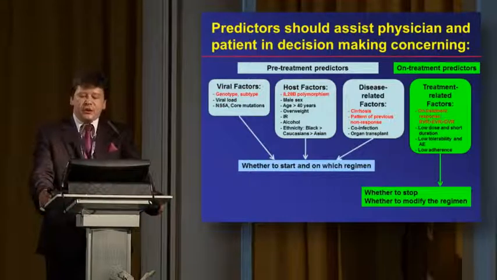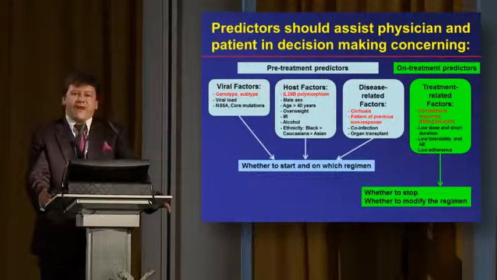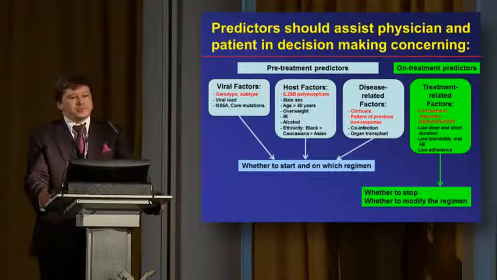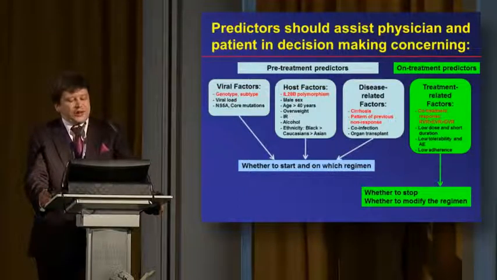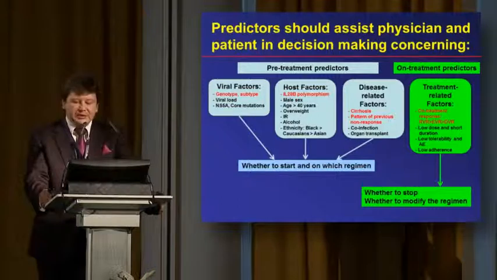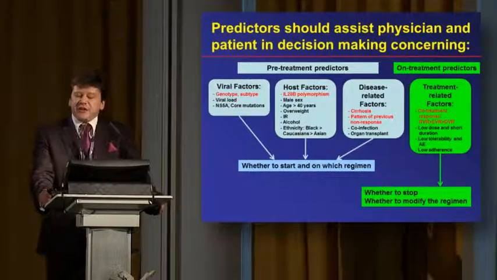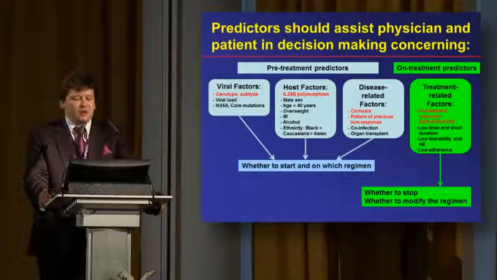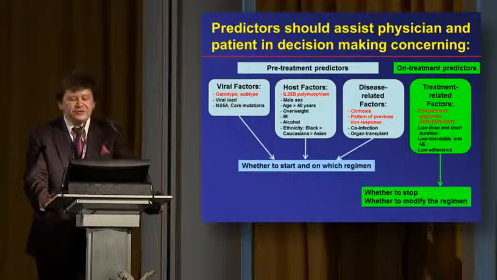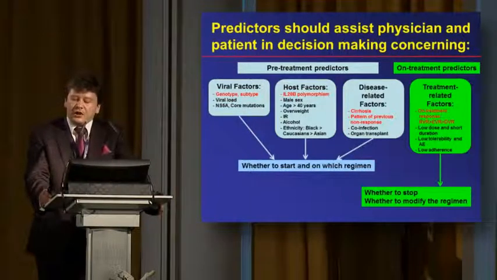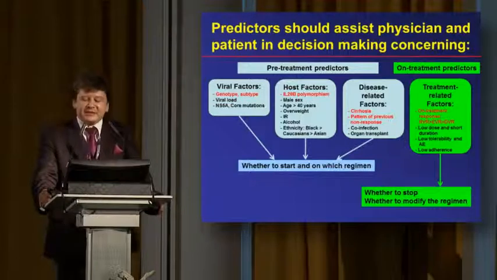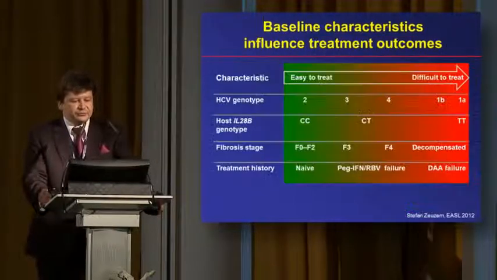Disease-related factors include mainly cirrhosis and fibrosis state, of course the pattern of previous non-response, and other co-infection, organ transplant. Treatment-related factors include on-treatment response, RVR, lead-in phase, EVR, SVR, low dose and short duration, low tolerability and adverse events, and low adherence.